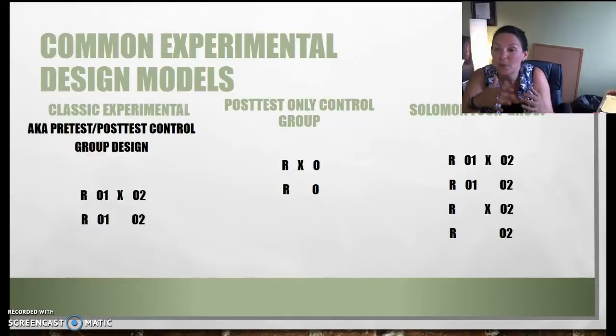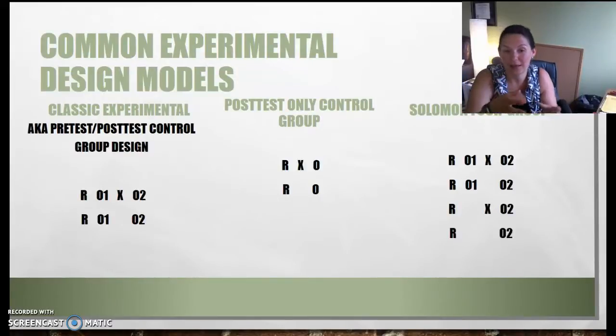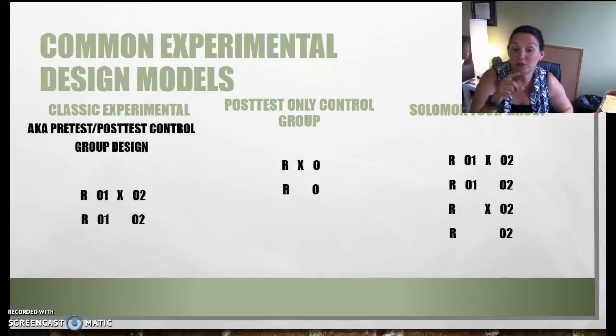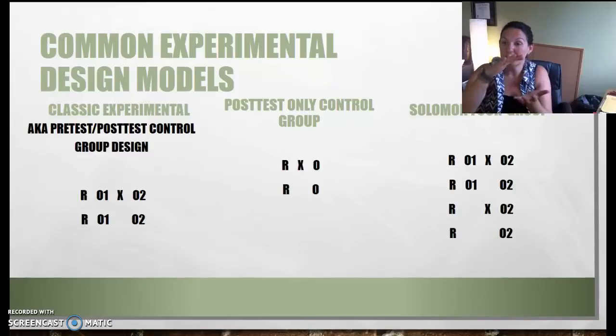What's important is that you can talk yourself through any of these R, X, and O scenarios. R, randomization. X, intervention. O, observation. So for example, in that pre-test, post-test control group design, what that tells you is there are 2 different groups. In the first line, people are randomized into 2 different groups.